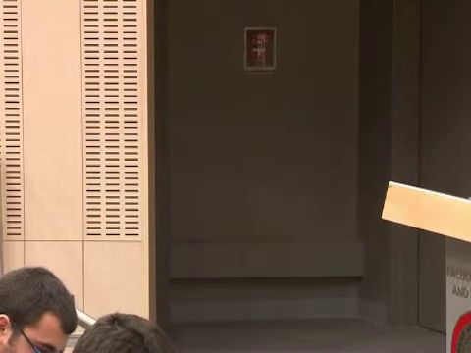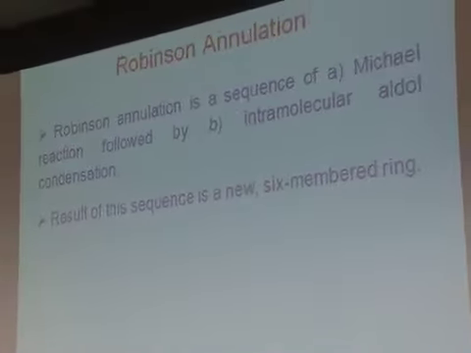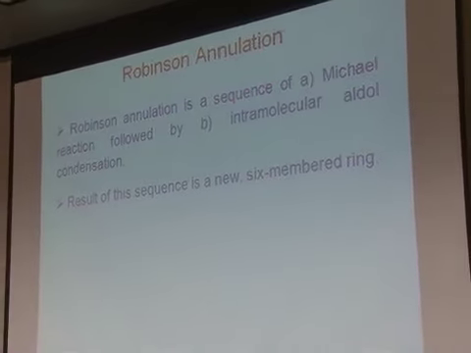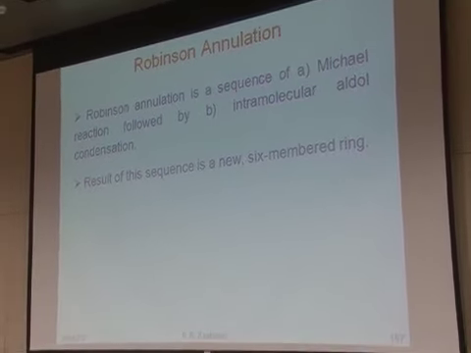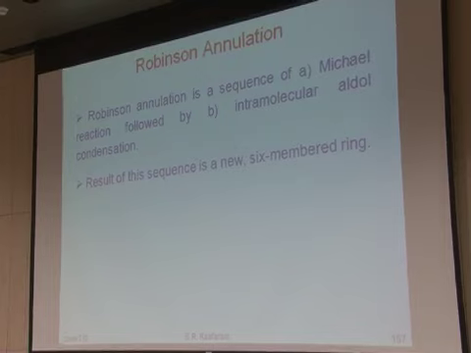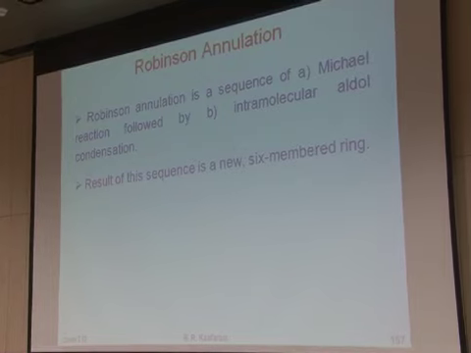You will be able to get a ring. So if you take this product, you can perform a Robinson annulation. A Robinson annulation is simply a sequence of a Michael reaction followed by an intramolecular aldol condensation. The result of this reaction is usually a 6-member ring.